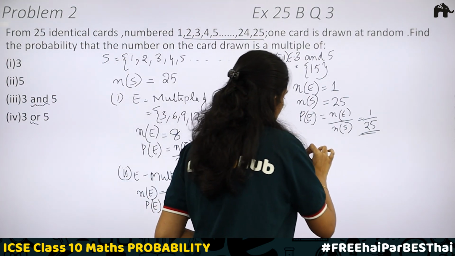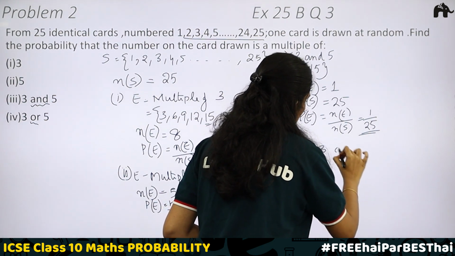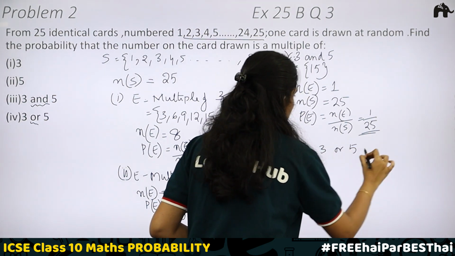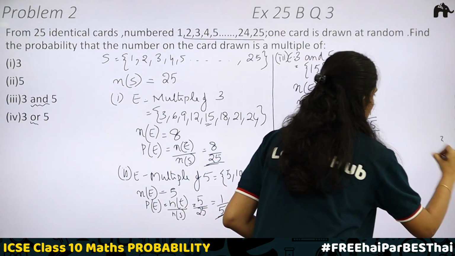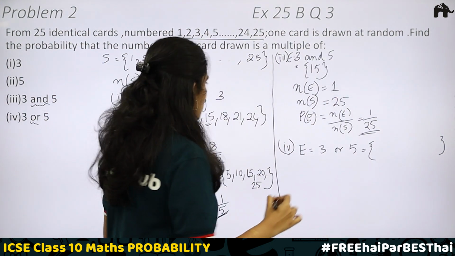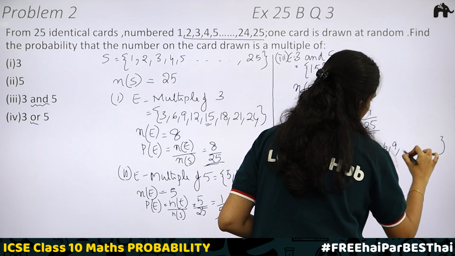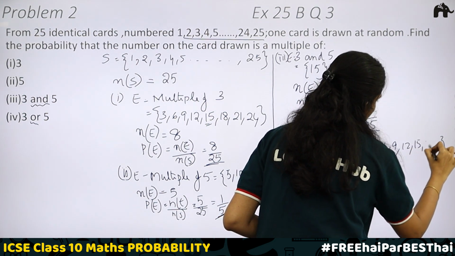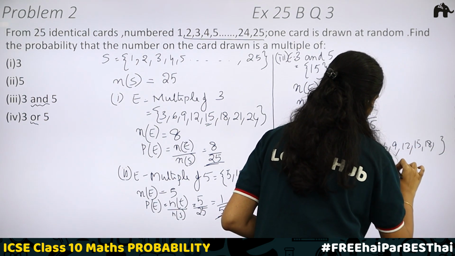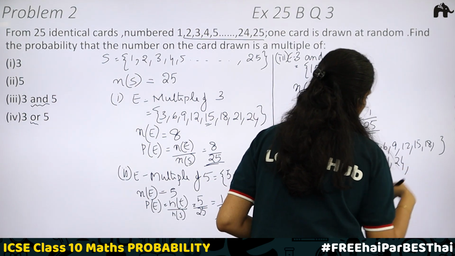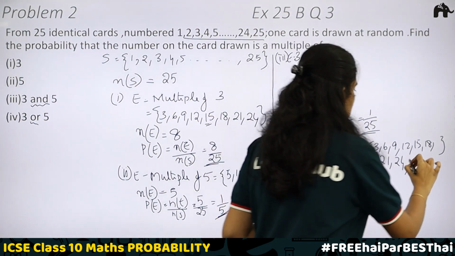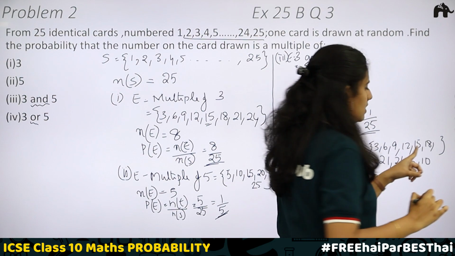So the event is 3 or 5 includes. First take the multiples of 3. 3, 6, 9, 12, 15, 18, 21, 24. Now take the multiples of 5, 5, 10. 15 is already included.